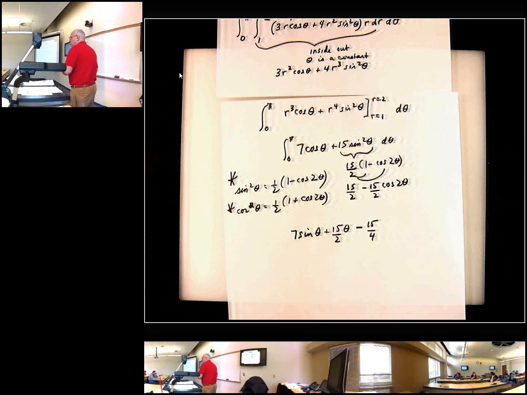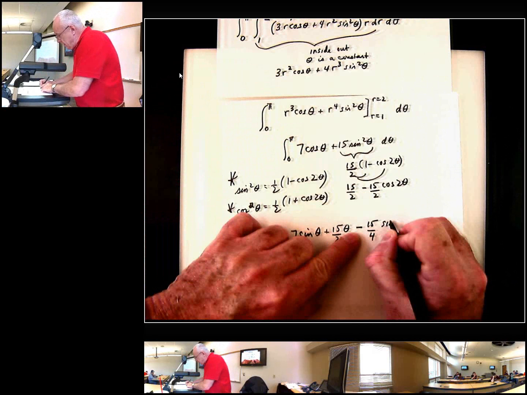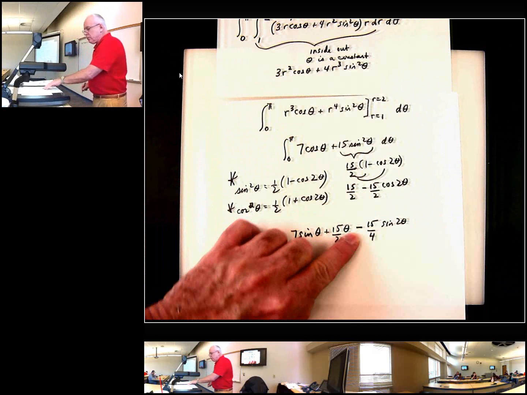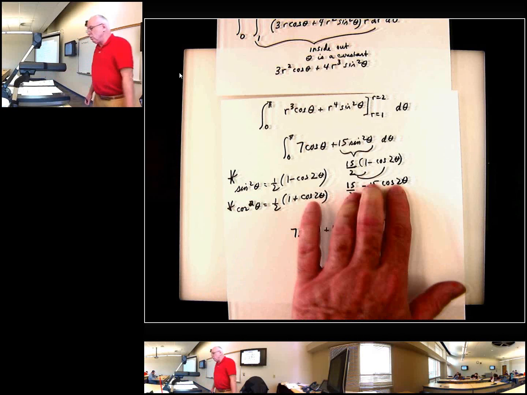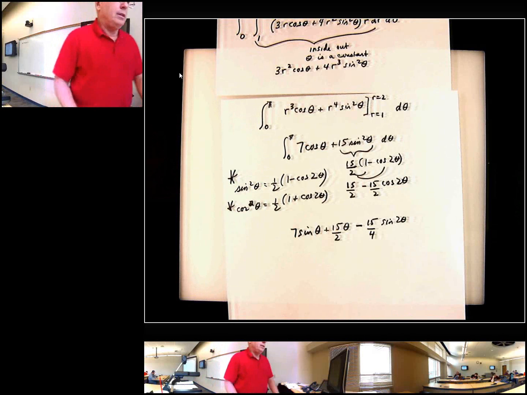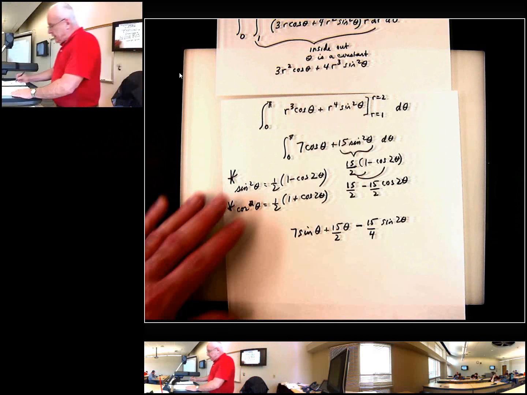It's just a quick way to do it without doing the formal U substitution. And then, of course, we have a sine of 2 theta. And if you check it, the derivative of this will give you what we started with. Okay, so we got the antiderivative.